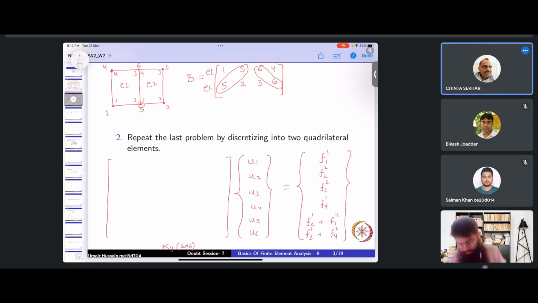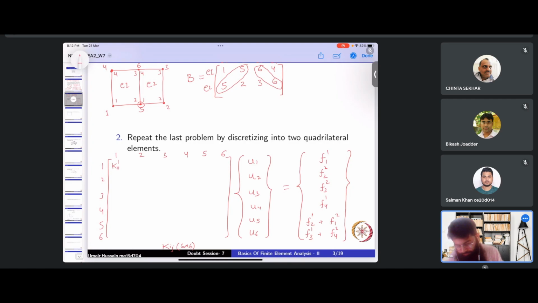Now, talking about the stiffness matrix, I will start with 1 1. Node 1 is only in element 1, so we have the local node 1 1 for element 1.